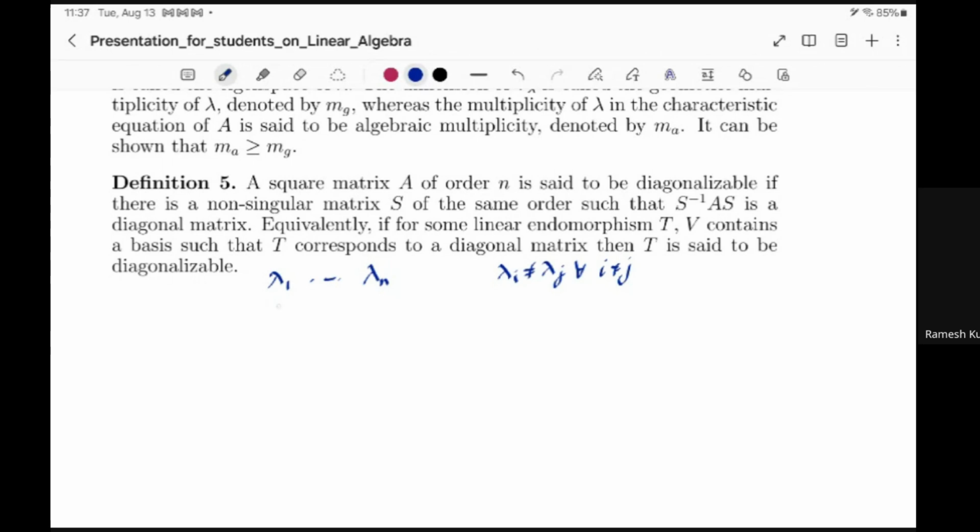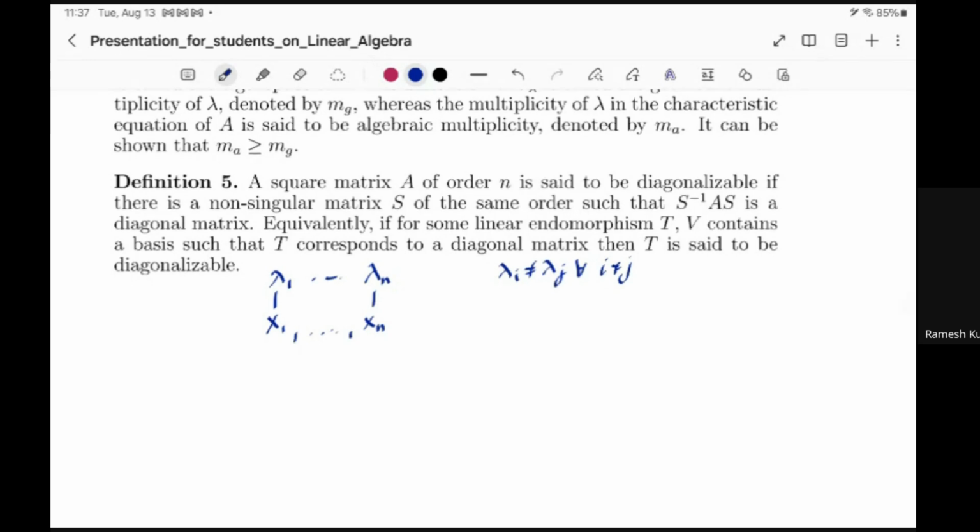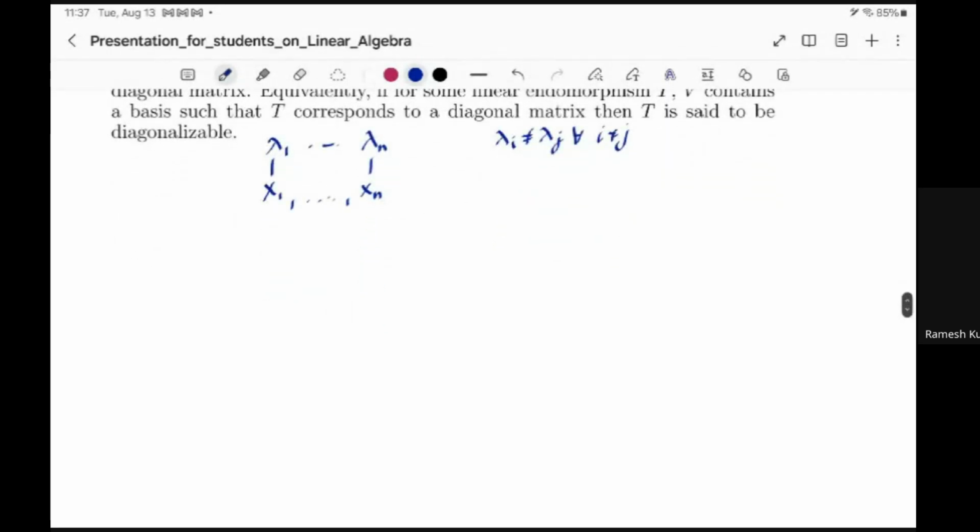So since it's dimension 1, you just pick some eigenvector of lambda 1, and similarly an eigenvector for lambda n. Okay, and what I'm telling you is you construct this S in this format. So in the first column, you write x1. In the second column, you write x2.